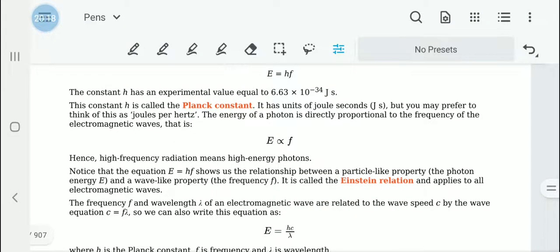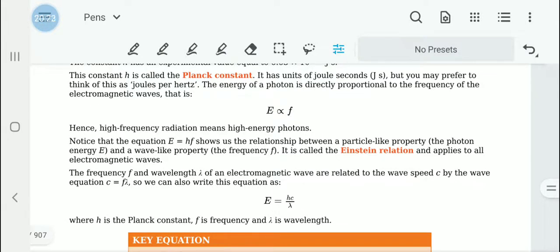We develop this equation using the Einstein relation, which relates to all electromagnetic waves, combining E equals hf to show the particle-like property of the photon and the wave-like property, that is the frequency.